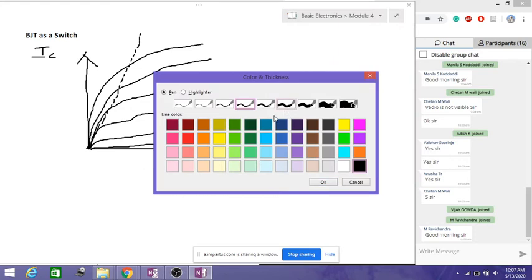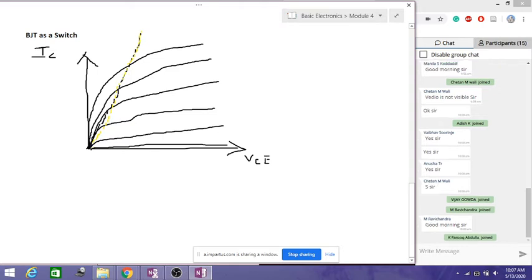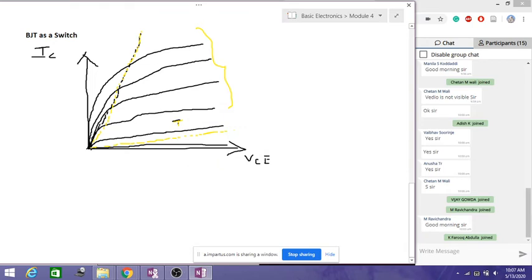Now this region, whatever you see here, might be an IB of say 10 microamperes.